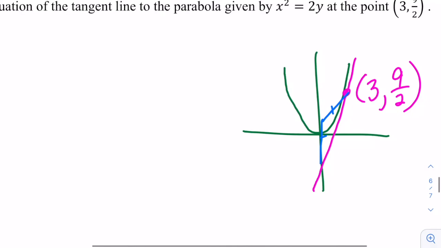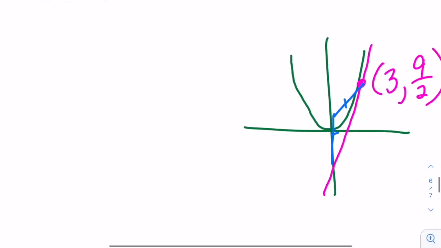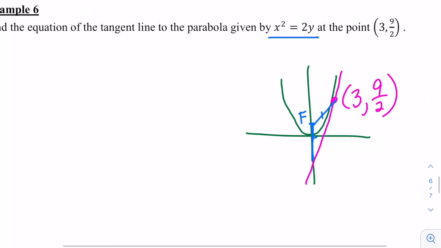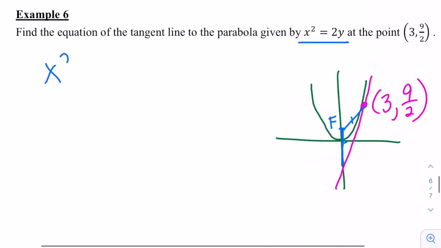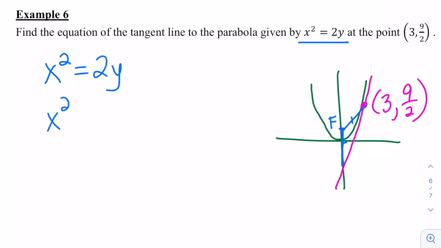Let's identify a couple points. The point on the axis, well, this is F, the focus. We know that the parabola is at the origin, and the equation is x squared equals 2y, which is very similar to x squared equals 4py.